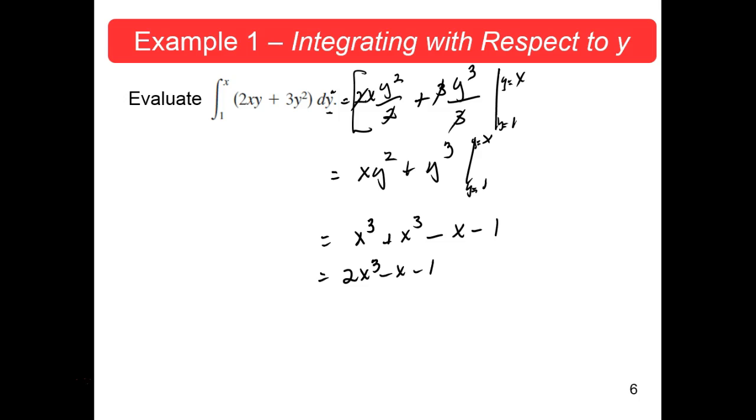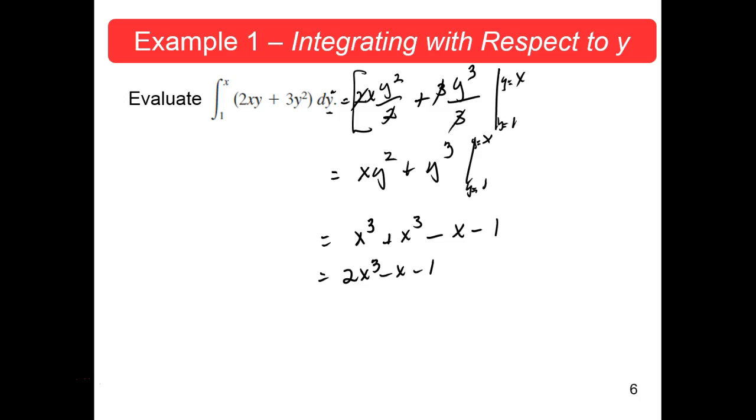Then when you go to evaluate, remember you're evaluating y's. So the y changes to x, the x stays x, it's a constant, right? And this becomes x times x squared, because y is equal to x, that's x cubed, plus y cubed would be x cubed, then minus, when y is equal to 1, that would be minus x, and the second minus is minus 1.